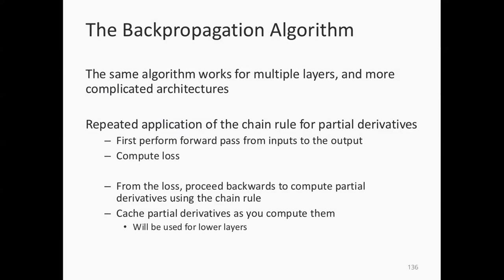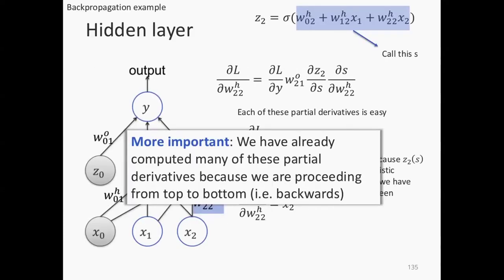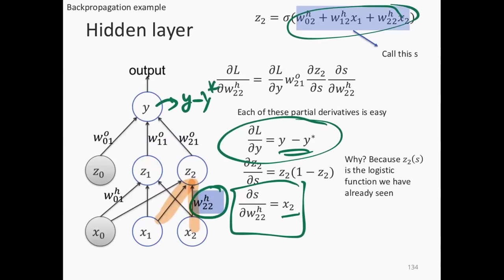And the whole process of computing the gradient essentially involves first computing what's called the forward pass, which is, given the current inputs, you compute the value of the loss. And when you're computing the value of the loss, you basically write down whatever values were computed at each step. So you computed Z1, you computed Z2 and Y and the loss.